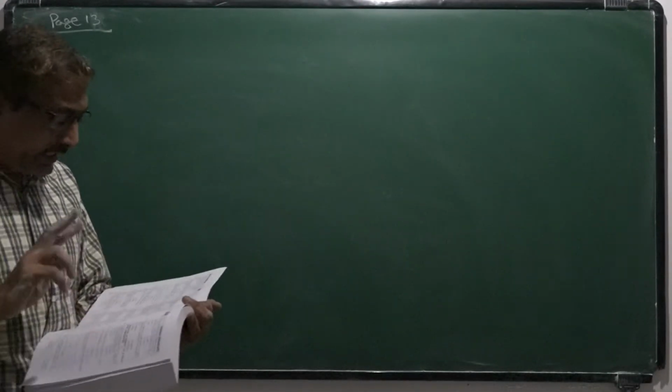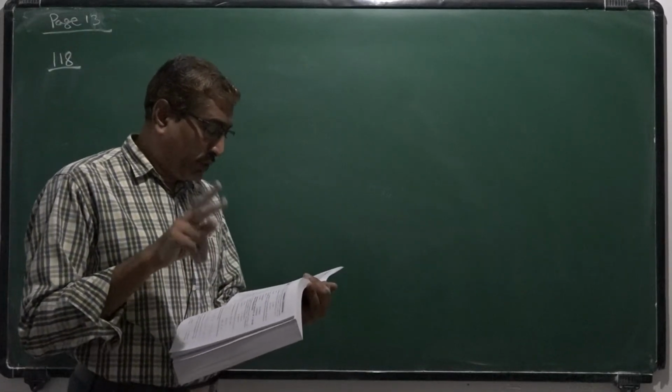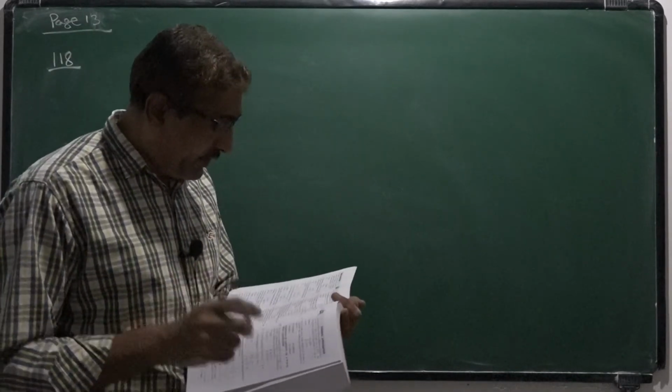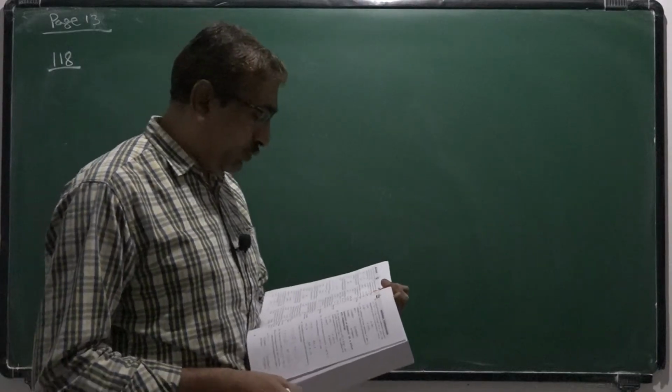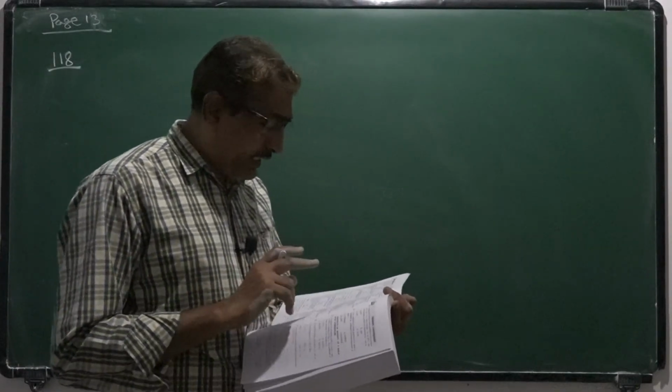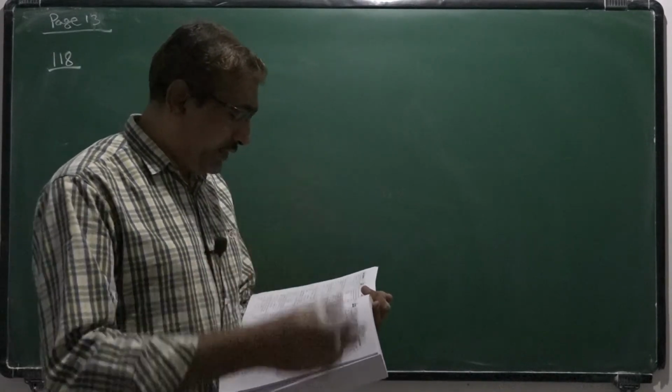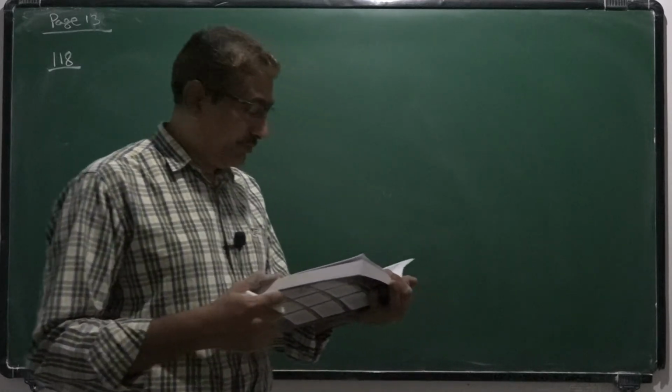Two metal rods A and B having their initial lengths in the ratio 2:3, coefficients of linear expansion in the ratio 3:4. When they are heated through the same temperature difference, the ratio of their linear expansions is.